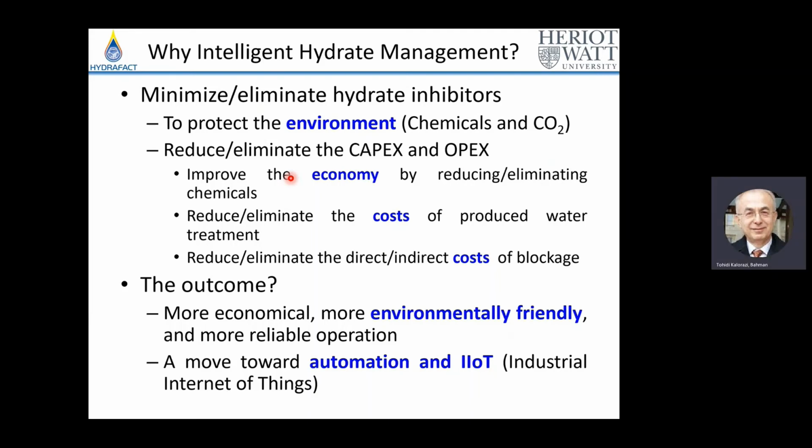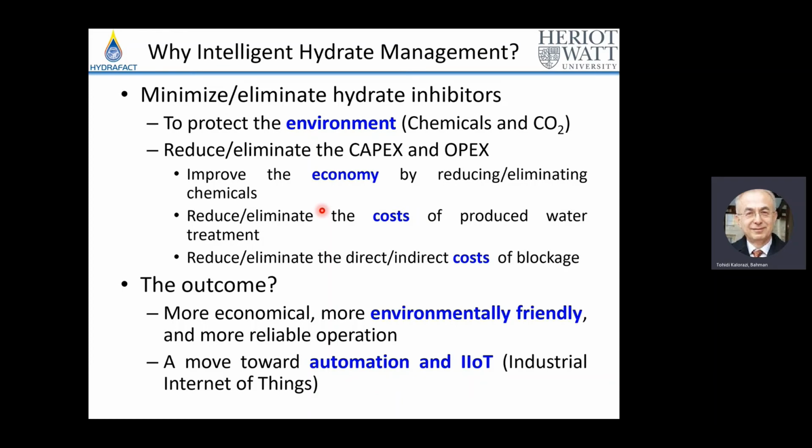If you reduce the size of the storage or size of inhibitor regeneration, CAPEX will be reduced. And also the overall economy will improve because you don't block.